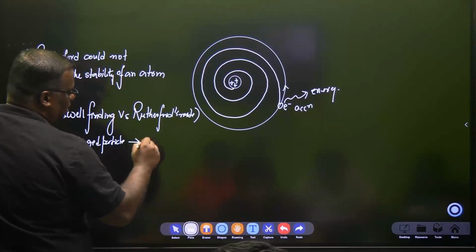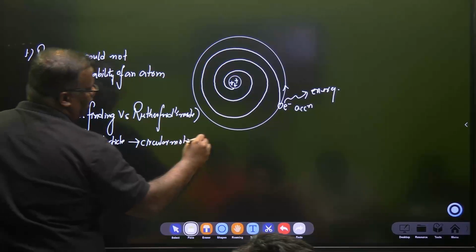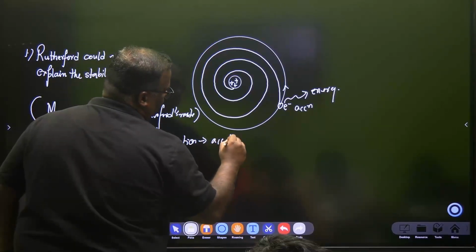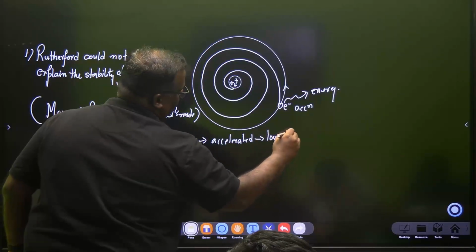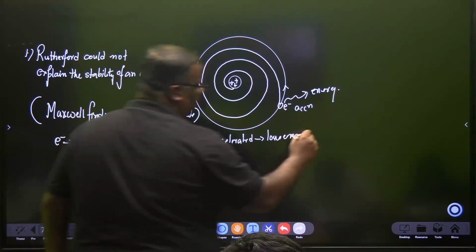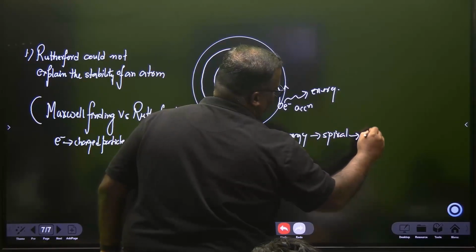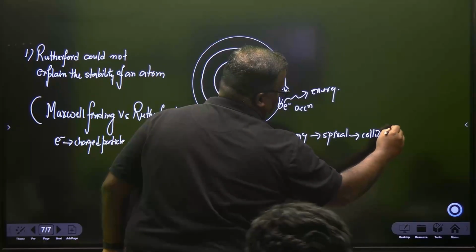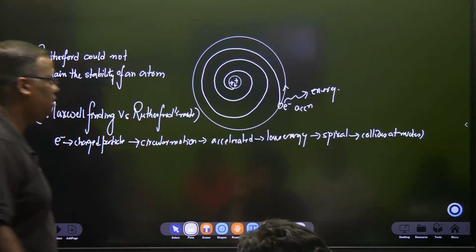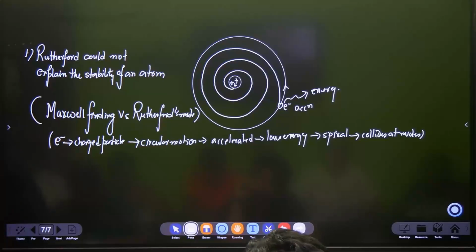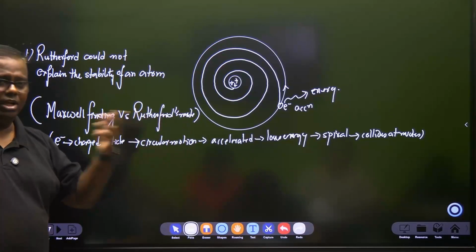Charged particle, circular motion, accelerated, loses energy, spiral, collides at nucleus. It doesn't collide, right? It means it should collide at the nucleus as per this story. This is the problem. It doesn't collide.